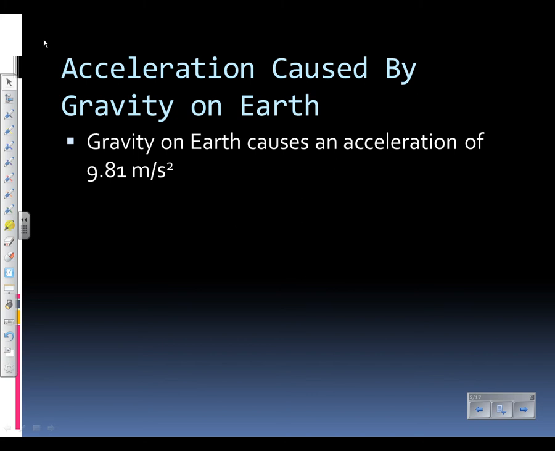So gravity on the moon was affecting them at the same rate. But what did you notice about when the ball hit the ground here in the classroom versus when those objects hit the ground on the moon? Some of you may not have been paying attention because I forgot to tell you beforehand, but the ball hit the ground first. The ball here in the classroom hit the ground before those objects hit the ground on the moon.